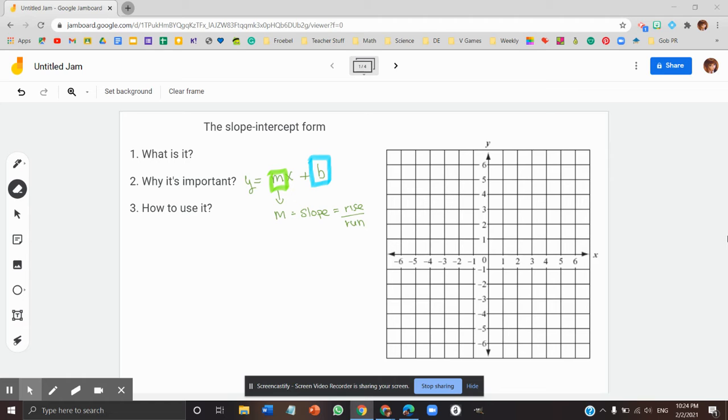And that constant represents my intercept. But it is not any type of intercept, right? It's a specific intercept. It is my y-intercept, meaning that it's going to be a point that's going to touch my y-axis. So it's going to be a point around this area right there.